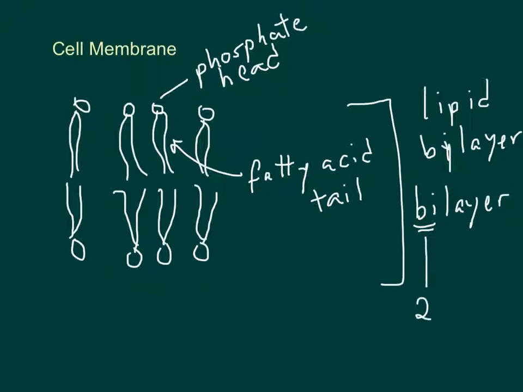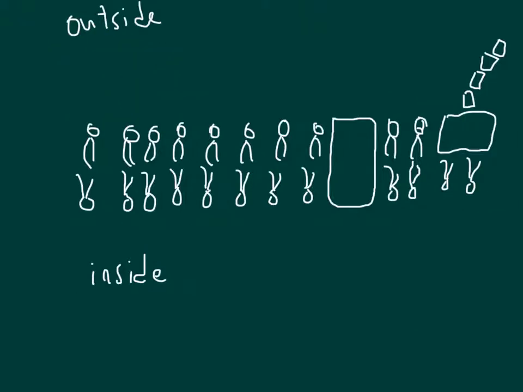Okay? So again, we've got our phospholipids that have a phosphate head and a fatty acid tail. And it's a lipid bilayer, meaning there's two layers. So again, just real quick, we talked about this, how we have our lipid bilayer here. This is our lipid bilayer, and these are our phospholipids. These guys right here are phospholipids.